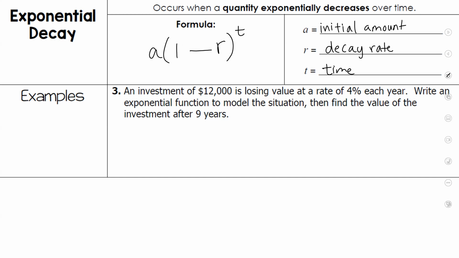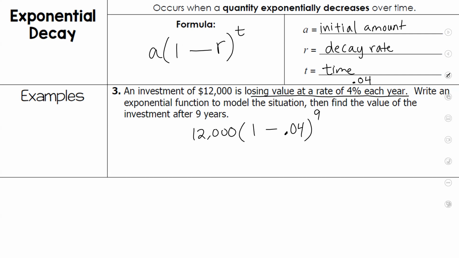So we started off with $12,000. That's your initial amount. And we're losing value at a rate of 4%. So 4% as a decimal is 0.04. Find the value of the investment after 9 years. So for T, I'm going to put 9.